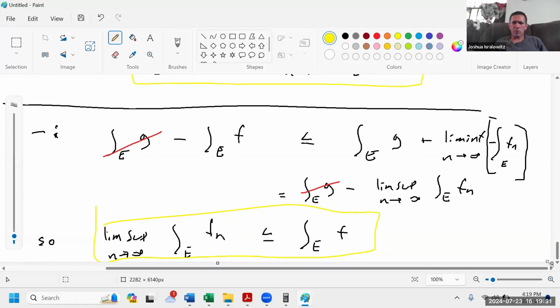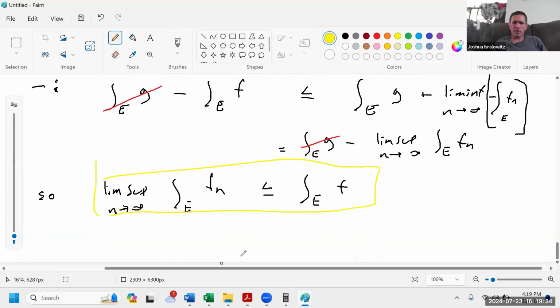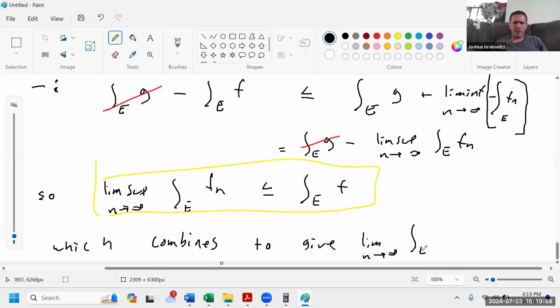That's equivalent to, so what I mean is the two things in yellow combine to give this: the limit of the integral of fn equals the integral of f.